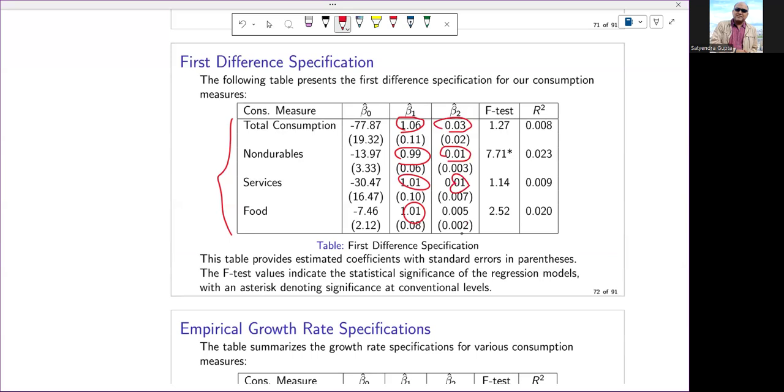And if you do a joint hypothesis test, that beta 1 is equal to 1 and beta 2 is equal to 0, and do the F test, you find that it rejects this. The F test value is significant. That obviously indicates that in the case of non-durables, this is not the case.